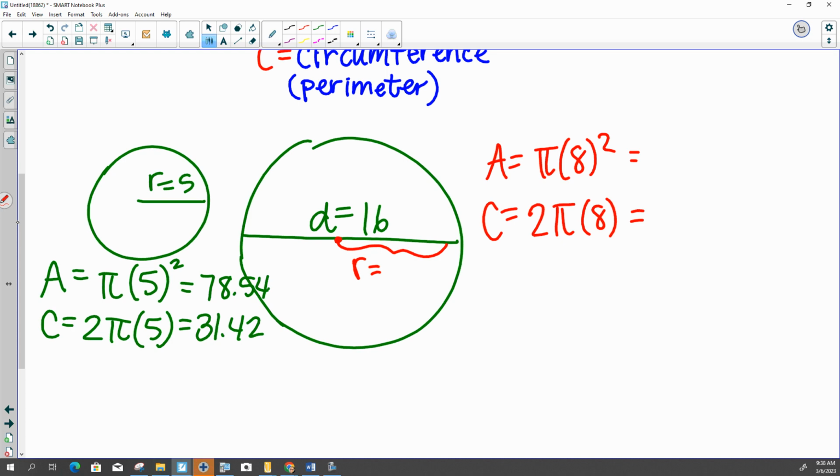Kennedy, what do you think the radius would be? The diameter divided by 2. Yes, so what is it? If they give you the diameter, cut it in half. And then plug it in.